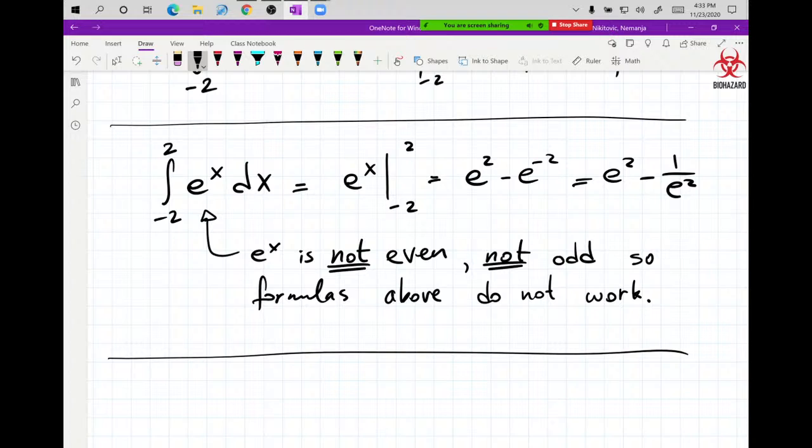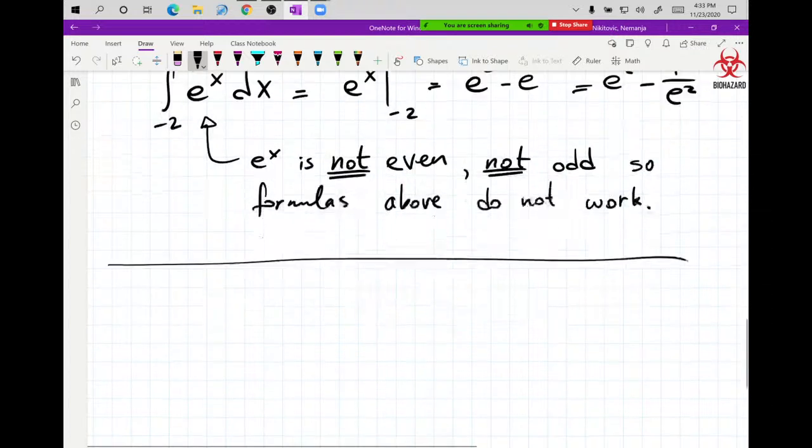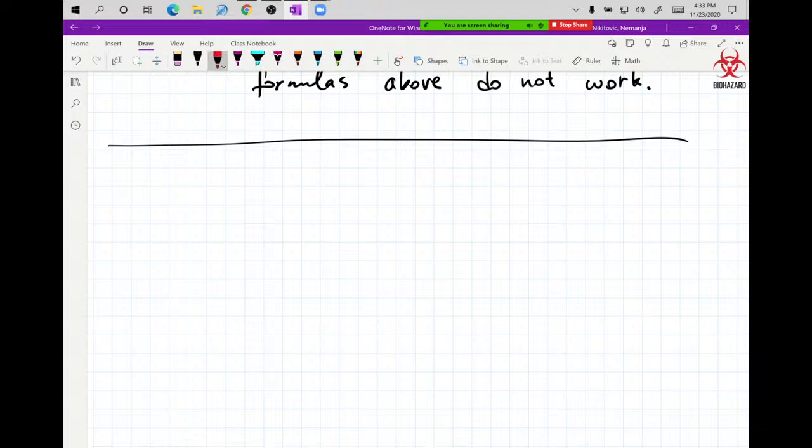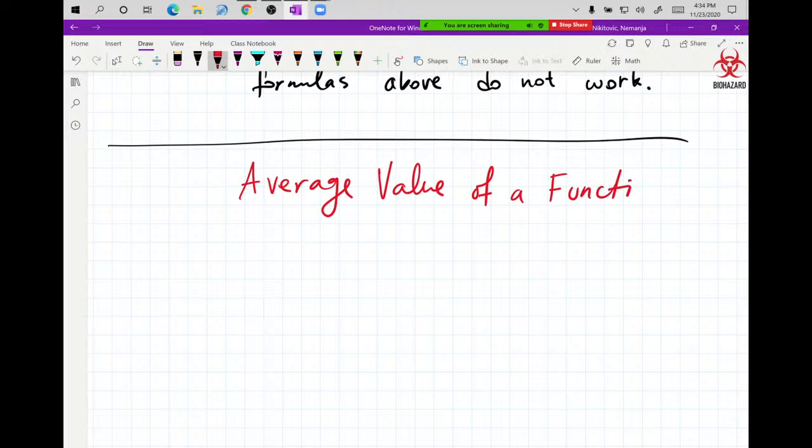And the last formula that we need to cover, which actually has two sides of looking at it, is the average value of a function. Average value of a function.